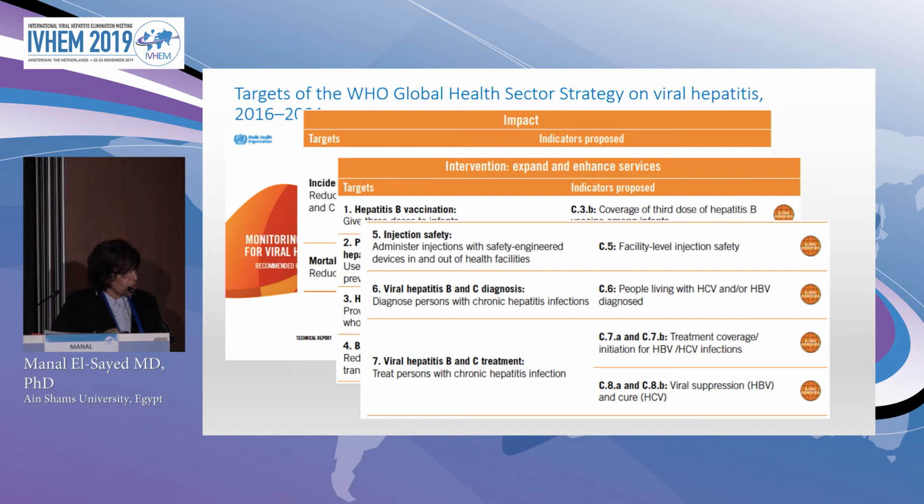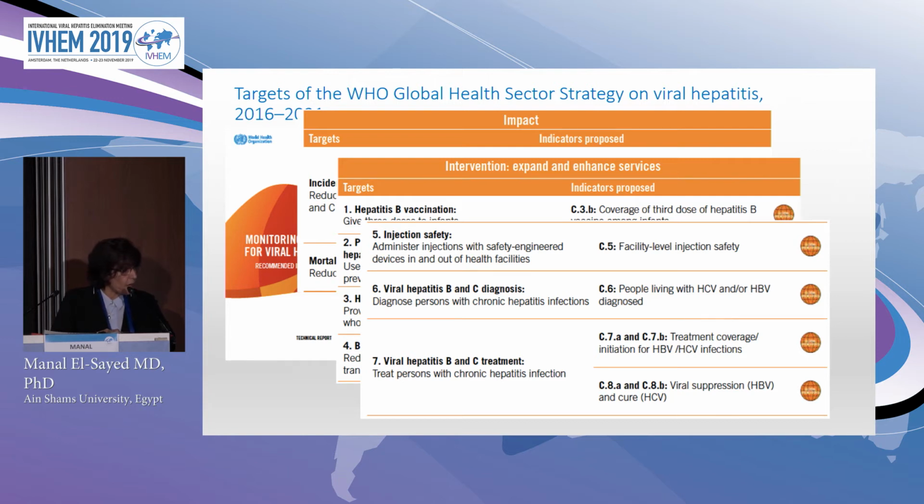And finally, with injection safety, administer injections with safety-engineered devices in and out of the healthcare facilities, and I hope that many countries within the next few years will be having more and more legislation to obligate the use of safety-engineered devices and auto-disabled syringes. And the indicators proposed would be facility-level injection safety.